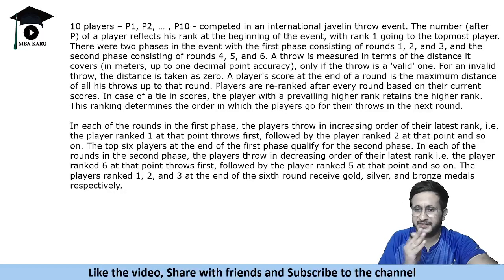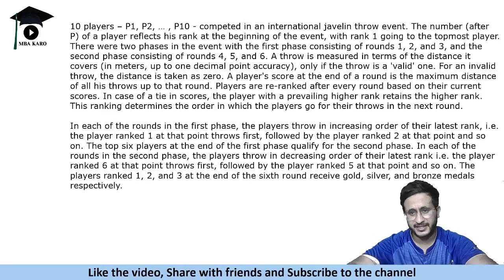In the first phase, the first ranker was throwing first. Now, the last ranker is throwing first. So, that is player rank 6 because there are just 6 players. So, player rank 6 will throw first, then 5, 4, 3, 2, 1. So, player rank 1 will throw in the end. And after 6 rounds the top 3 players get medals: gold medal, silver medal, and bronze medal.